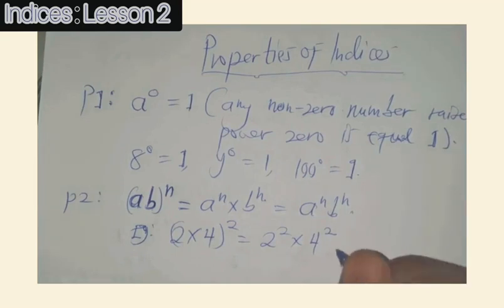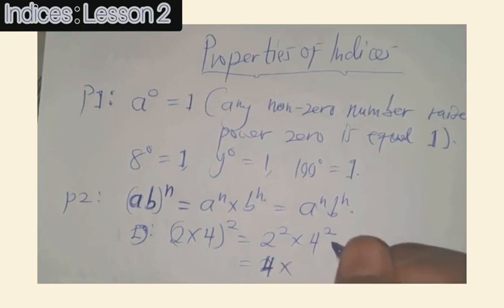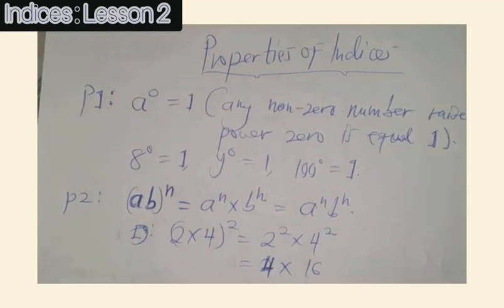Then I get 2 raised to the power 2, which is 4, multiplied by 4 raised to the power 2, which is 16. Then my result will be 48. Oh, sorry.